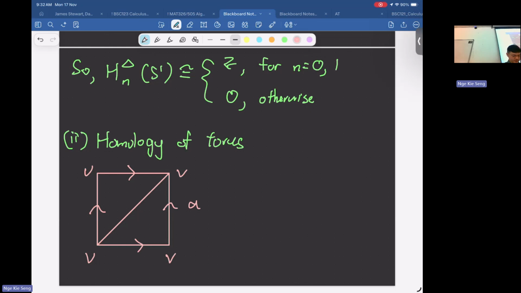I think this is a torus. Okay, so this is the torus we've seen last time, but it is not a delta complex yet. Maybe it's a CW complex, because for a delta complex you need a bunch of triangles.